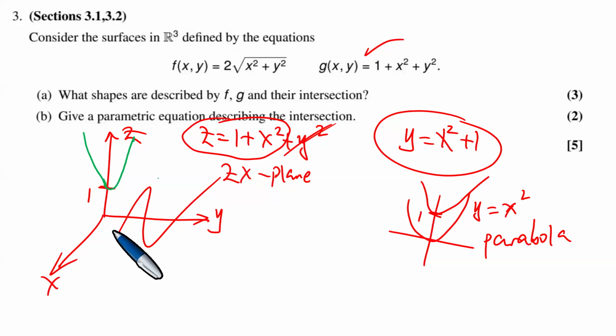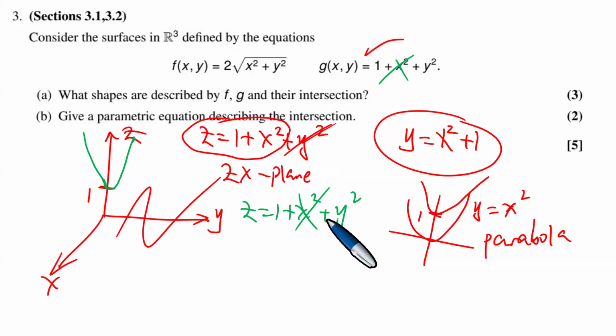And then now you do the same. So you remove x, and then you have 1 plus y squared. You do the same. It's x squared plus y squared, and we're saying now x is 0. So you have z equals 1 plus y squared.